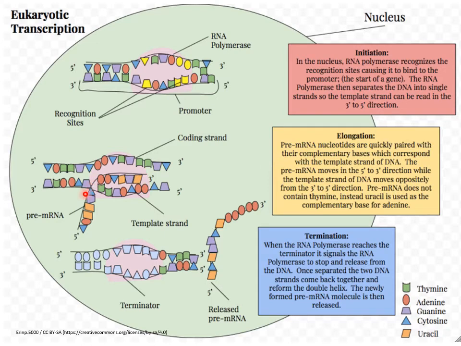Elongation is when this copy is being made. Once the copy has finished, the RNA polymerase reaches the end of the gene, it will terminate, it will add a poly-A tail, and this RNA can now float out of the nucleus and enter the cytoplasm for translation.